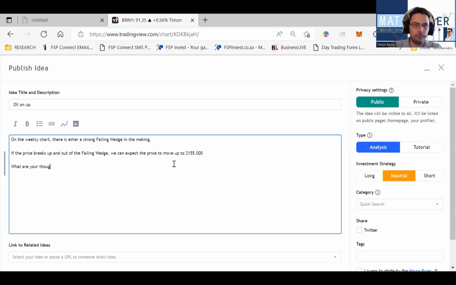What are your thoughts? If Brent crude forms an M formation or double top, it's possible for Brent crude to be bearish and on the way down, but we need the double top to form first.